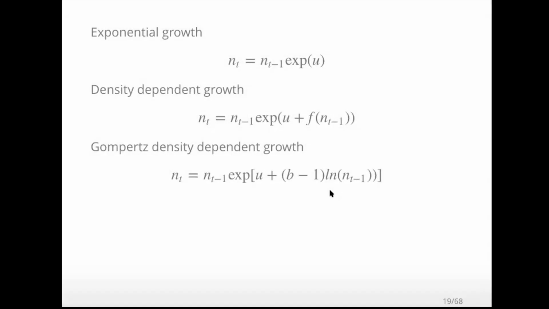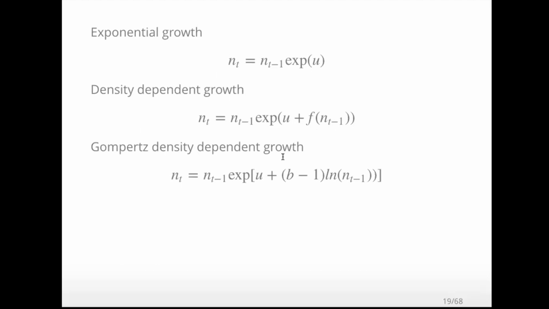So for exponential growth, that function would be if we just said that N at time t is just N at time t minus 1 times a constant. That's exponential growth. And now we're going to make that density dependent. We're going to add in some function here. So we have our base growth rate there, and then some function of N at t minus 1.